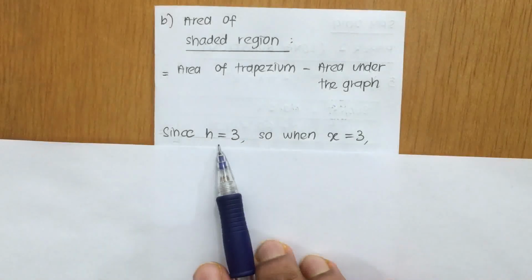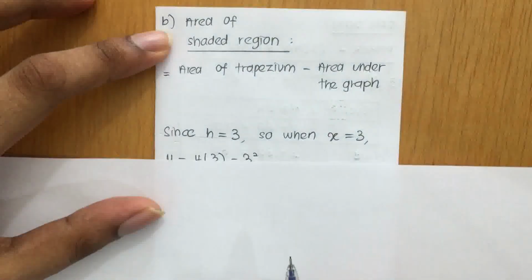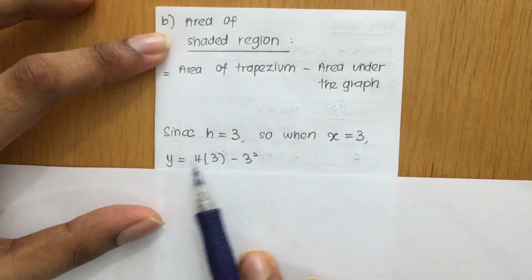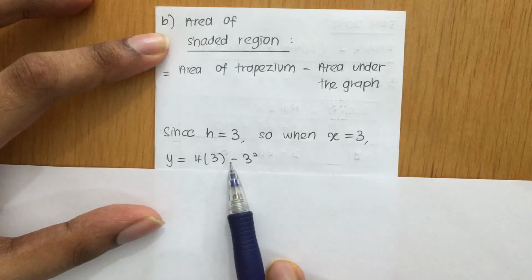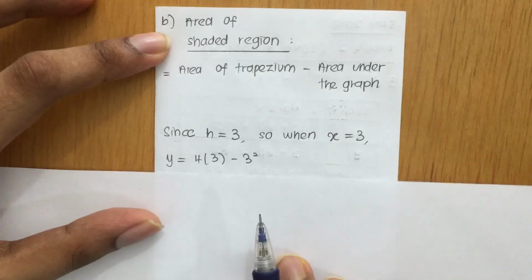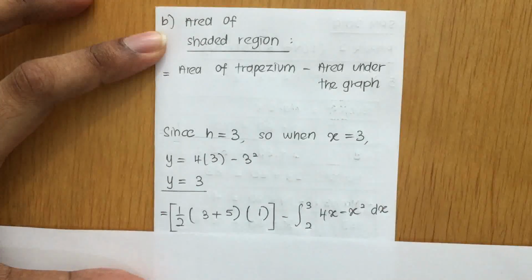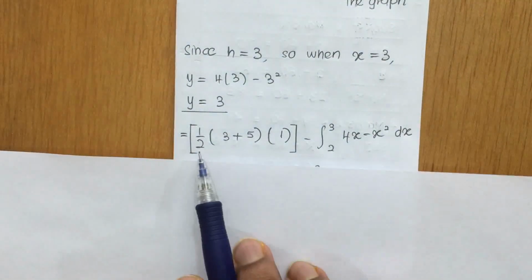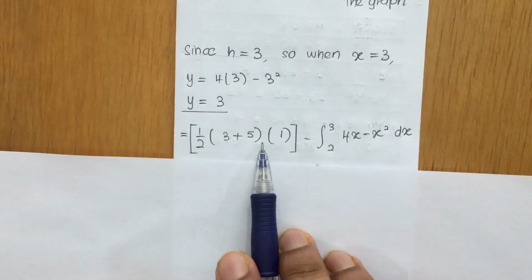Since h is equal to 3, when x is equal to 3, you substitute back into the equation. When h is equal to 3, y is equal to 4 times 3 minus 3 squared. From here you should get y is equal to 3. So this is the formula for the area of the trapezium: half times (a plus b) times the height.